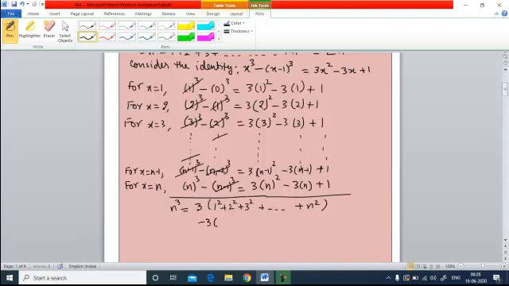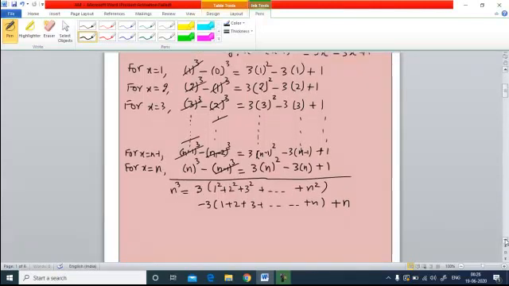So if I take minus 3 common, we are left with 1 plus 2 plus 3 till n. And in the end, we are having 1 getting added. How many times? x is being assigned n values. With each value we are getting 1. So this 1 is getting added n times. On adding all these 1, it reduces to n.